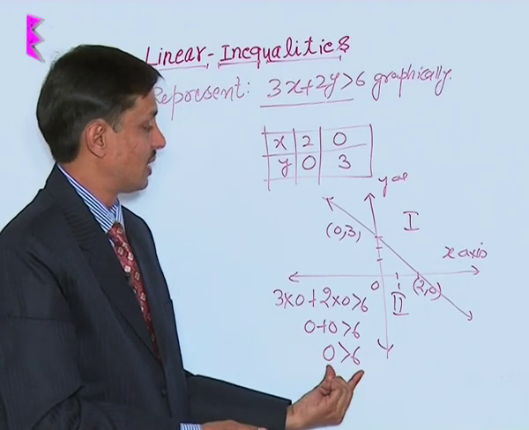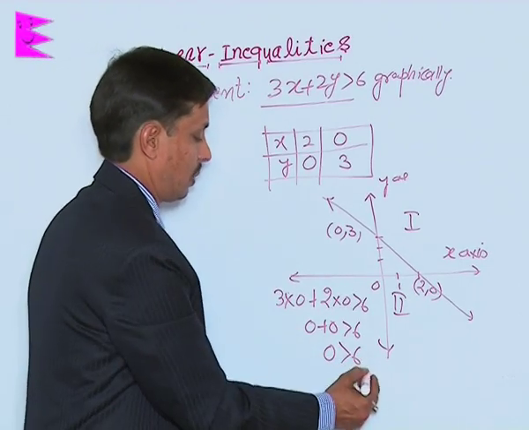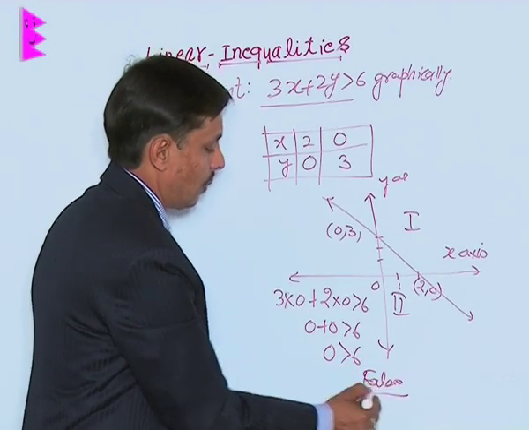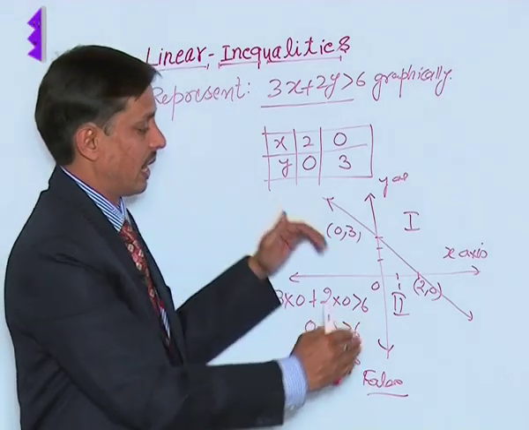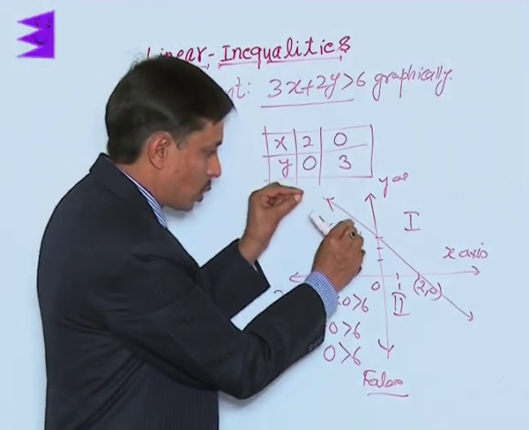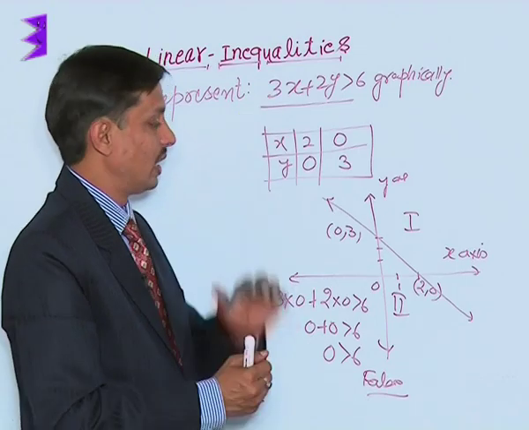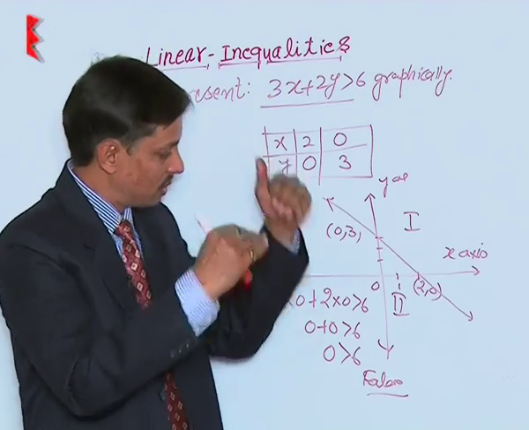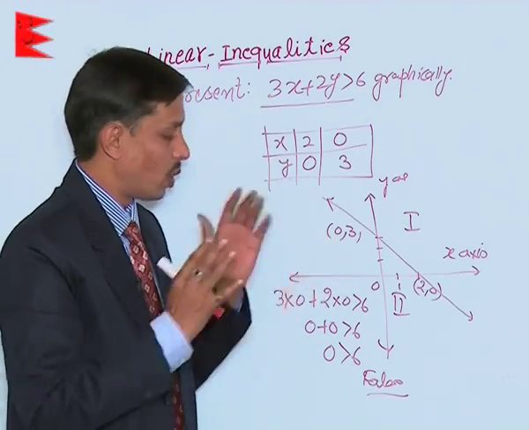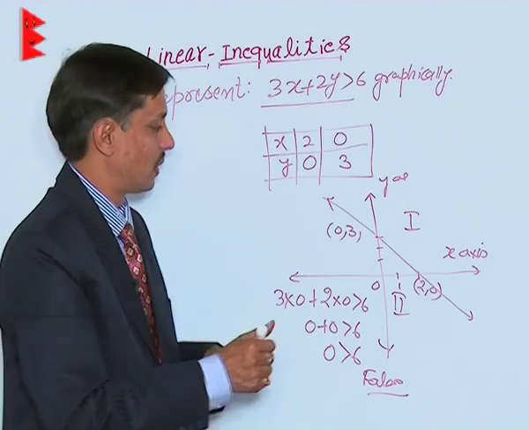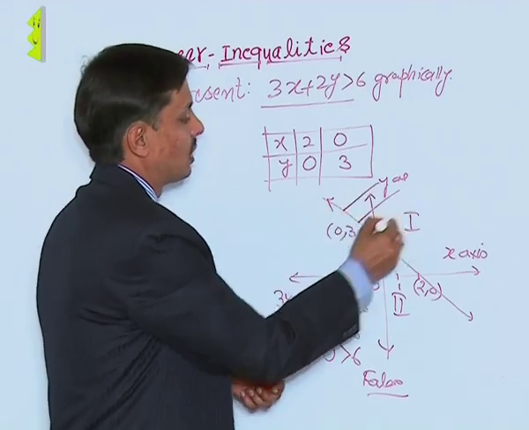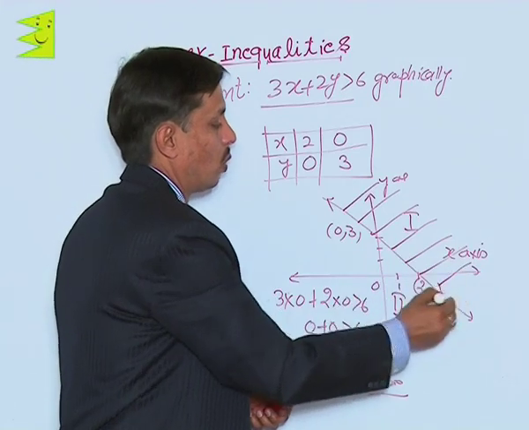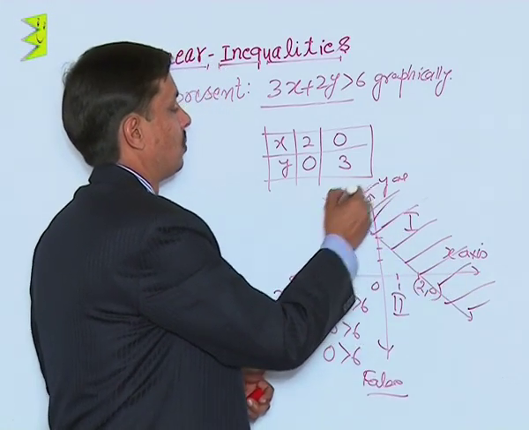So 0 is greater than 6 is a false statement. If it is false, it means that the solution set of the inequality does not include the origin. So the solution set of this will go in the first half of the plane.